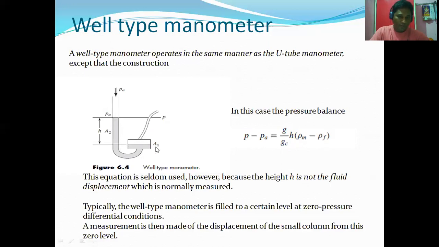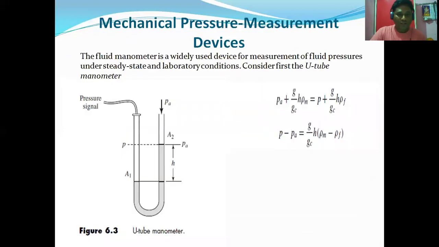Here A1 is the first point, then A2 is the height of the range. So here the height is between A1 and P_A. But in the U-tube, the height is between A1 and A2, or A1 and P_A.